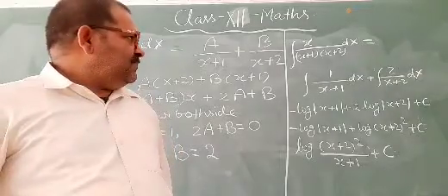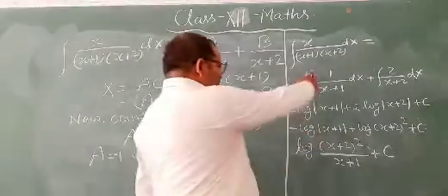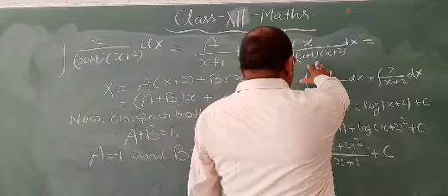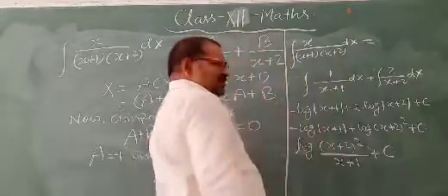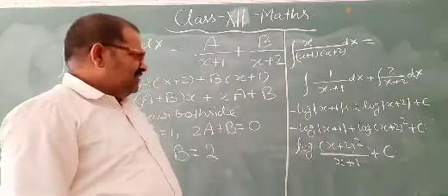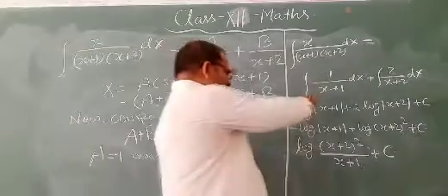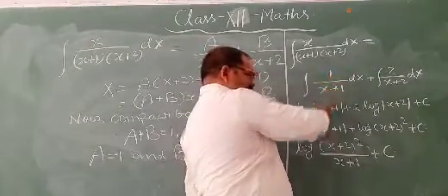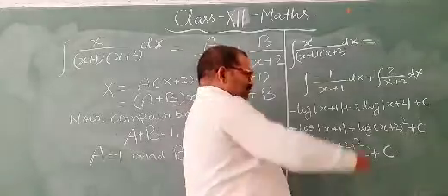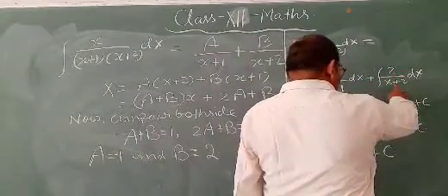So the integration of x upon (x plus 1)(x plus 2) dx equal to integral of minus 1 upon x plus 1 dx plus 2 upon x plus 2 dx.